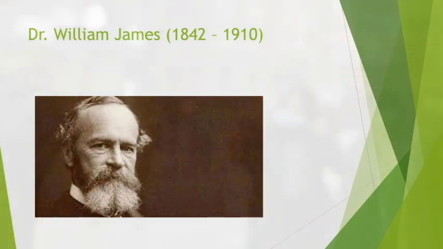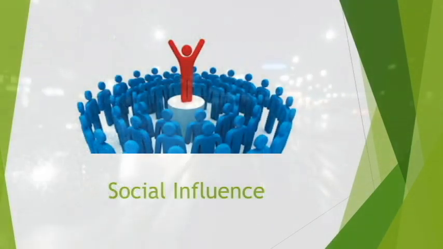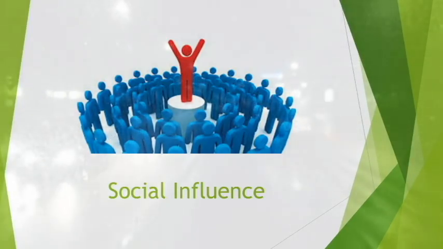Now, another concept that James came up with was the theory of emotion. This was later elaborated, so we now call it the James-Lange theory. In principle, this theory says that emotions arise as the result of physiological responses to external events.